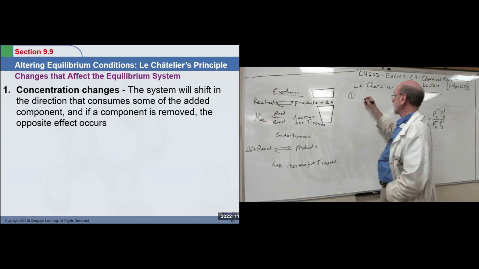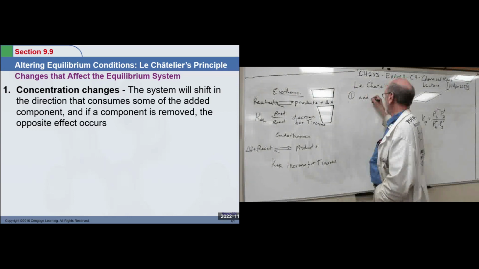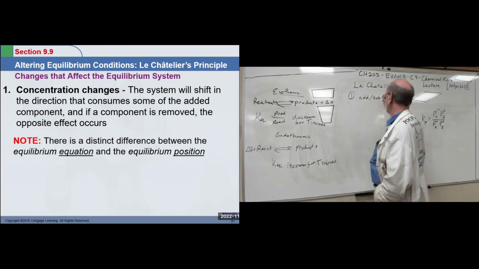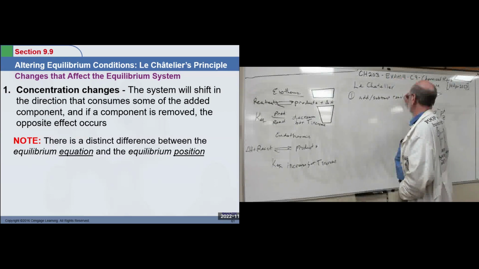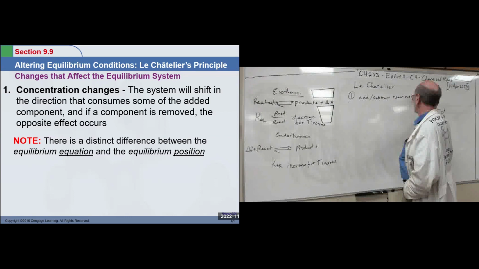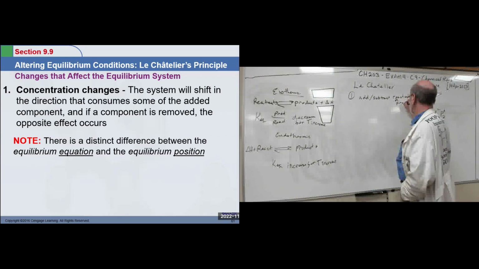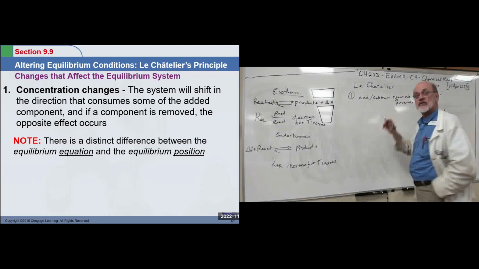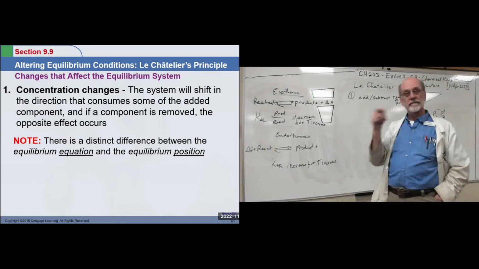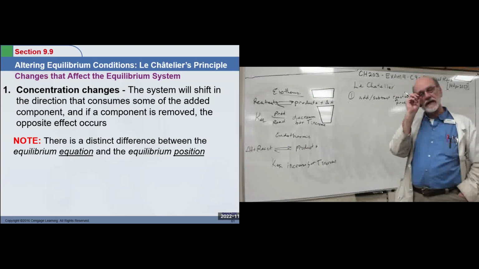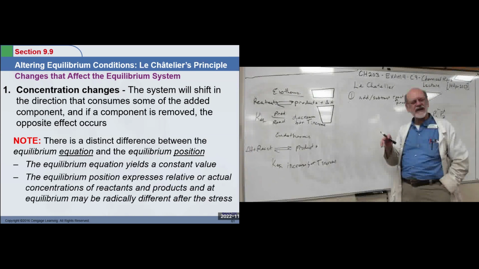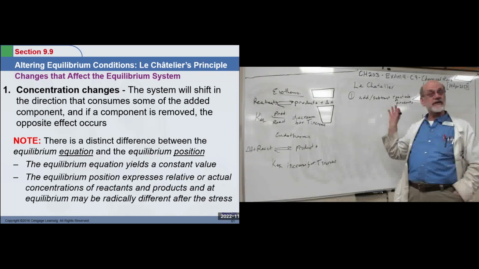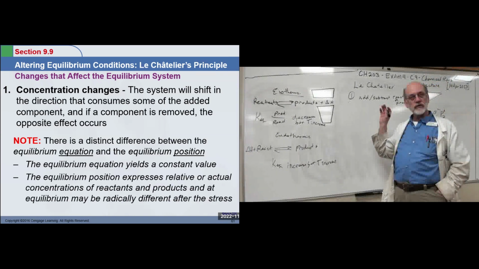Well, you can add or subtract reactants or products, right? You can change their concentrations. That's what we're doing. And if you add product to one side, it'll shift to the other side. If you subtract products from one side, from their product side, it will shift toward the product side.